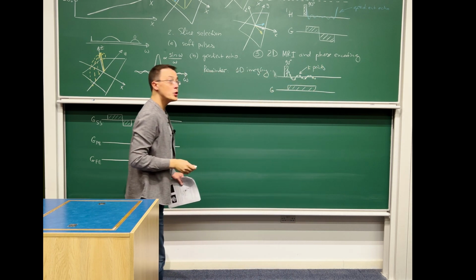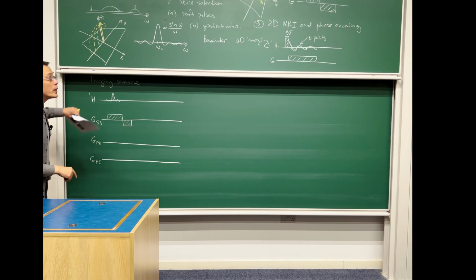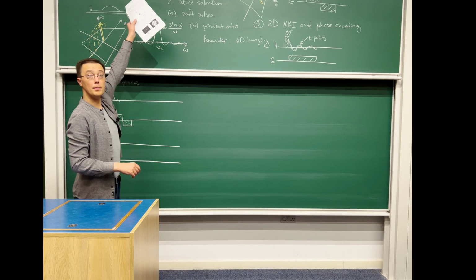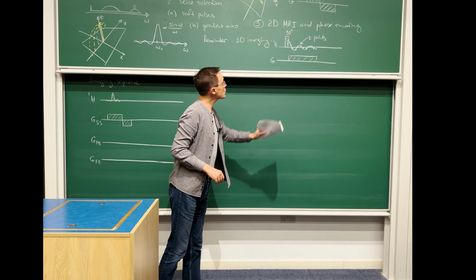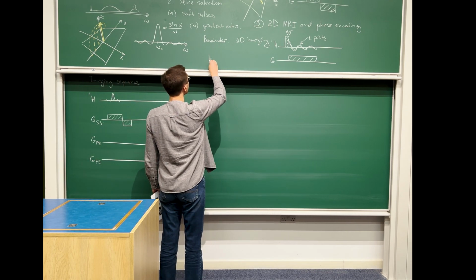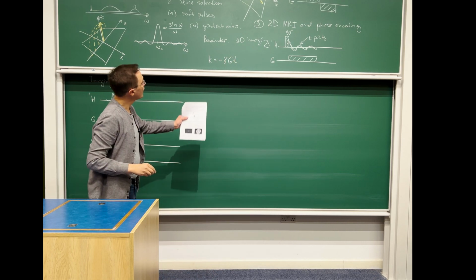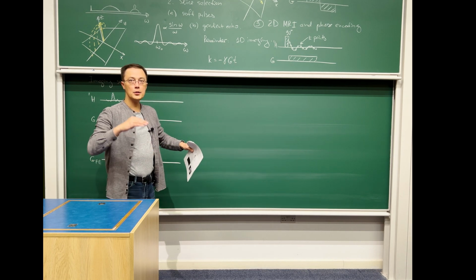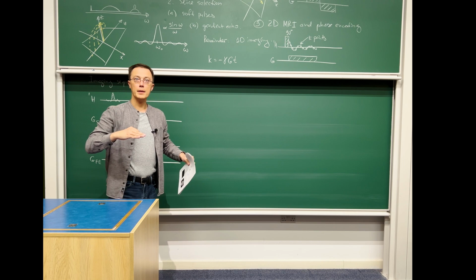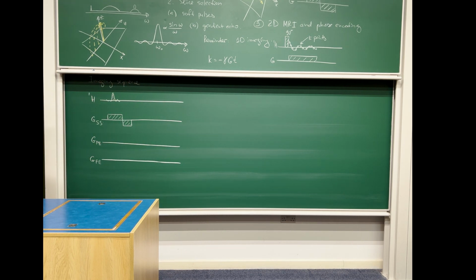Now we have 2 dimensions. Now we can do that, of course, and we will do that, but we also need to sample in the perpendicular direction. But what these gradients accomplish is, because K is minus gamma G t, incrementing the gradient or giving a gradient pulse moves us in the K space. So what we do is a repeated experiment.